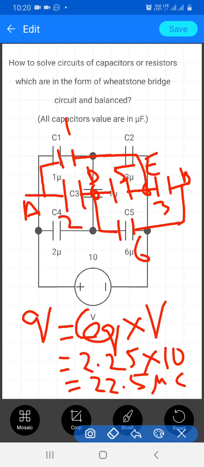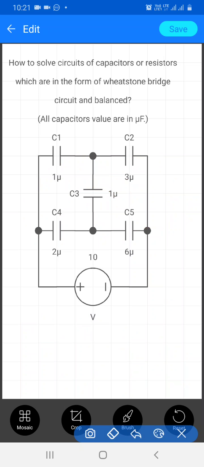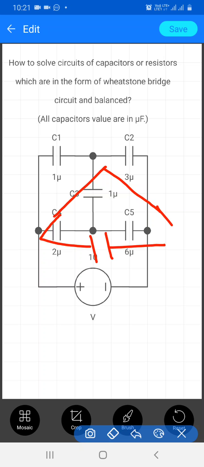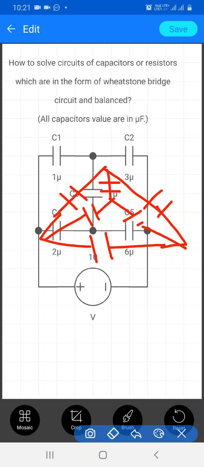Okay. Now another form of Wheatstone bridge circuit in the form of triangle, like in one delta there will be star connected, here is the battery connected, here is one capacitor, another capacitor, and here is one capacitor.